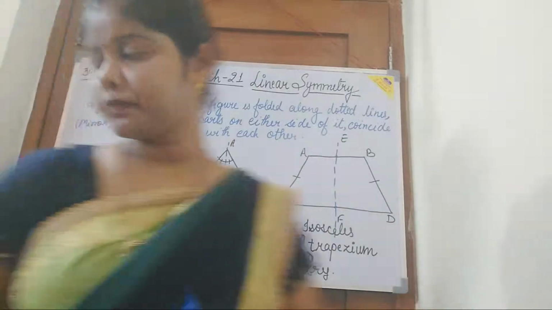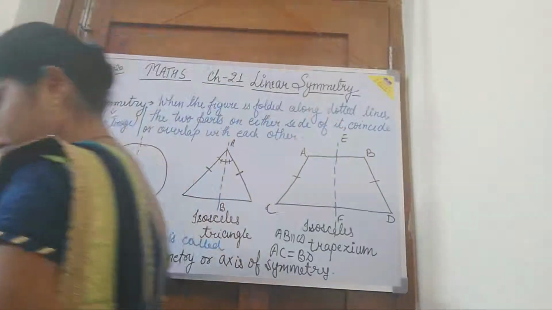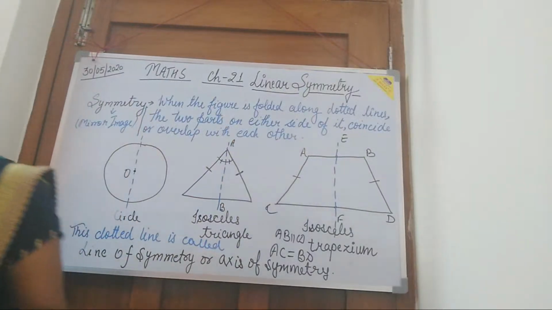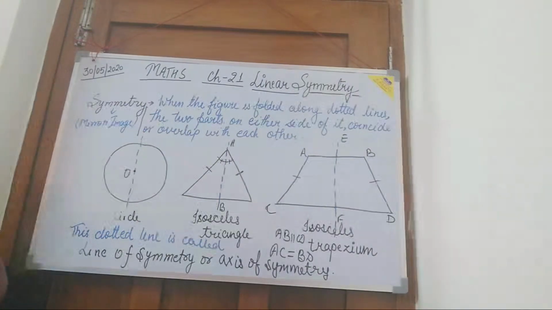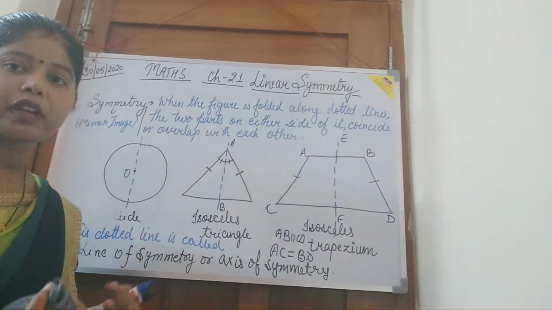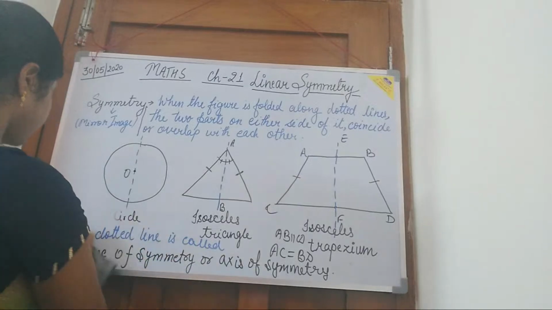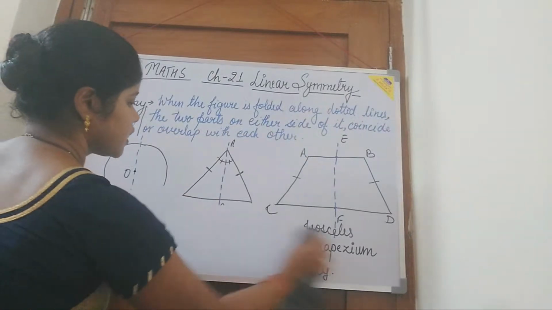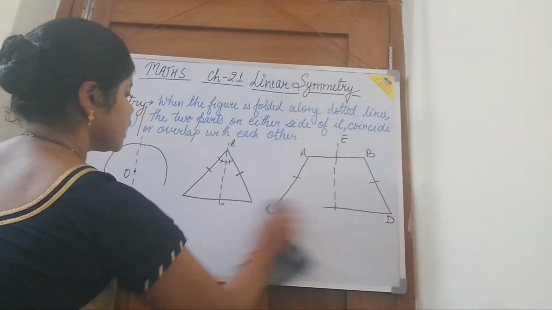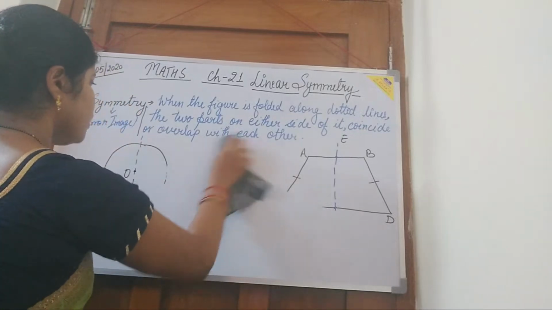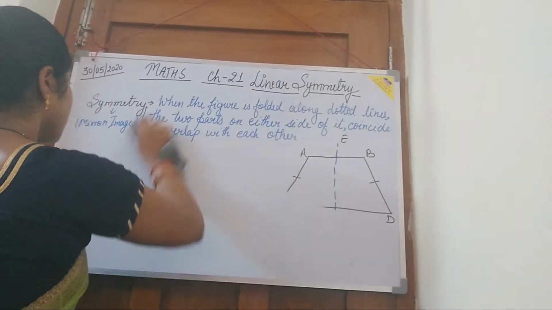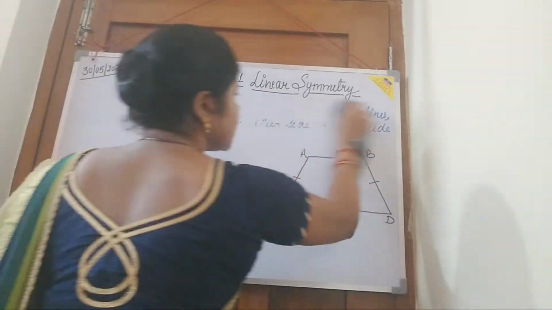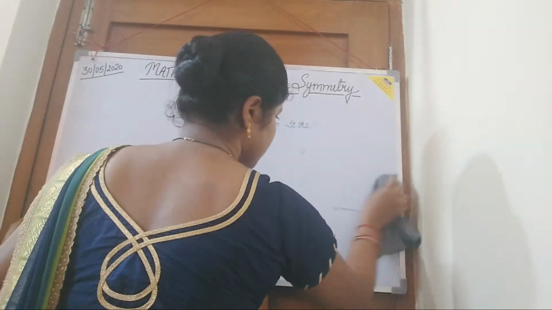Now the next one. Let's check how many lines of symmetry geometrical figures have. So these are the three figures. We show just the mirror image of the given figure. This is one line of symmetry I have shown just to explain the symmetry.